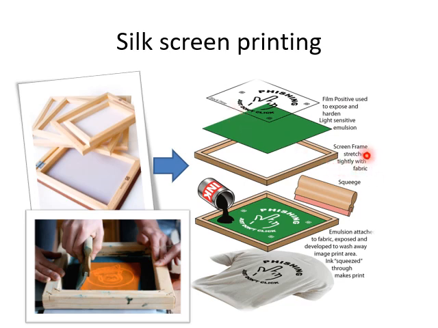Then this screen frame is stretched tightly with the fabric. Then you pour the ink onto the screen, and using the rubber squeegees you can even up the paint onto the area where you want the pattern.